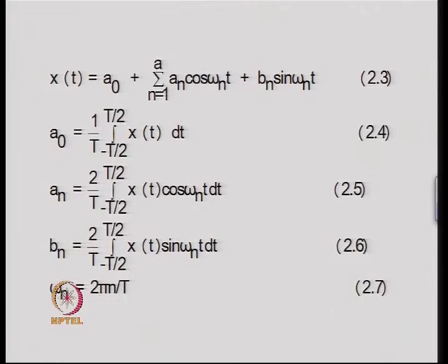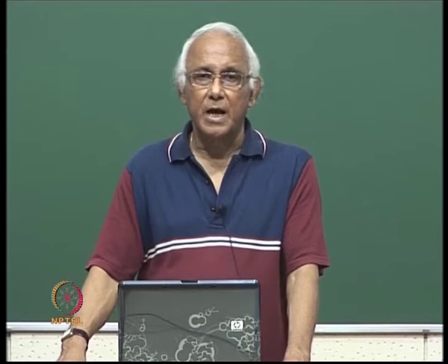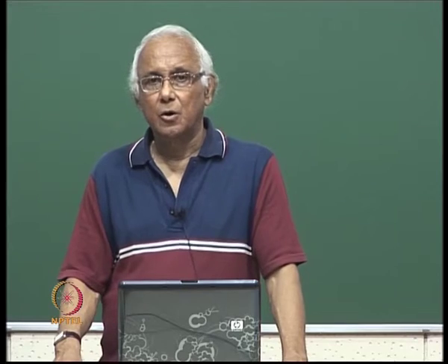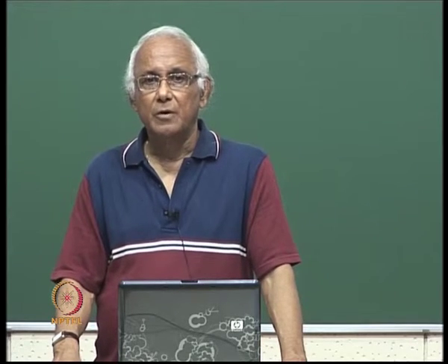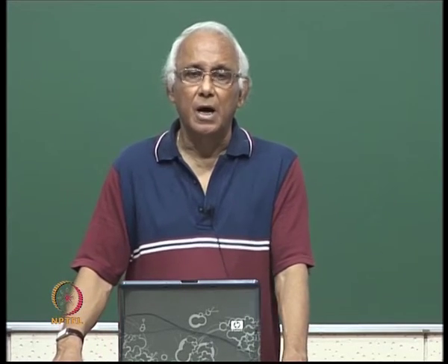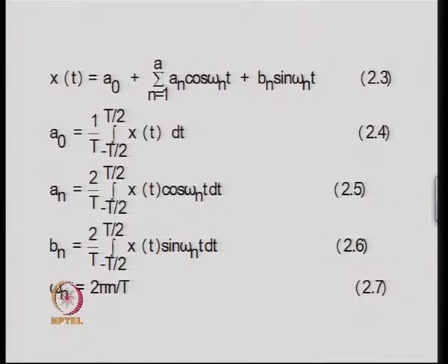The physical meaning of equation 2.3 is that any arbitrary function of time can be thought of as a sum of a number of harmonics, and these harmonics have a phase term that we will see later.